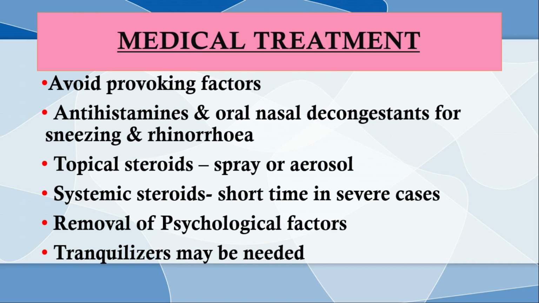Now, removal of psychological factors is also important, since we know that vasomotor rhinitis is due to the instability of the autonomic nervous system. Tranquilizers may also be needed to calm and quieten the patient, and that helps in the treatment of vasomotor rhinitis.